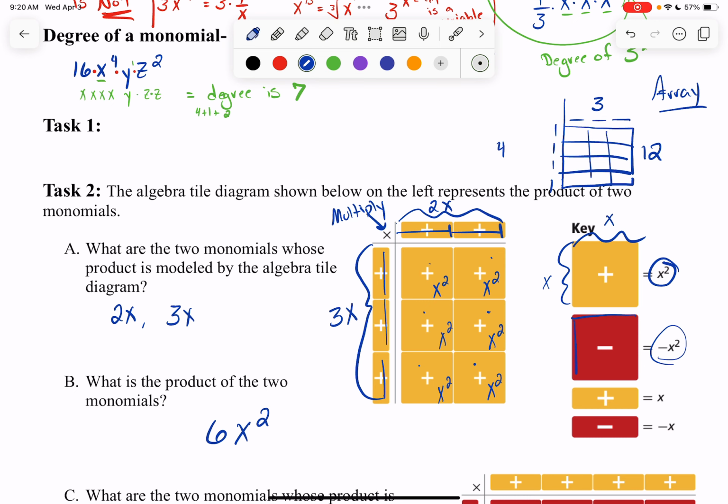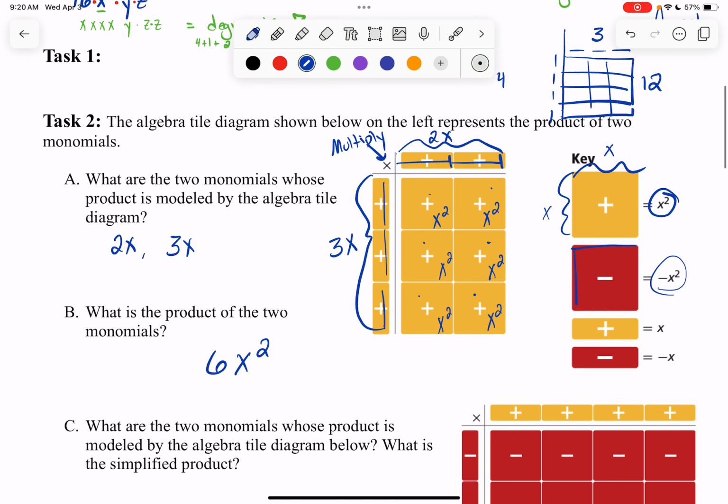That's what I would get if I'm multiplying 2 times x times 3 times x. I can multiply the 2 and the 3, which is where that 6 comes from, and x times x is x to the second. It's just a visual way of showing that multiplication.